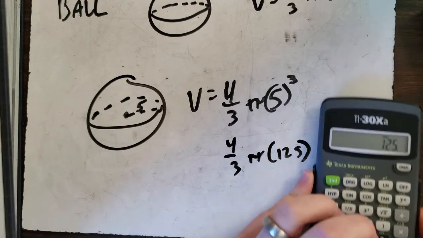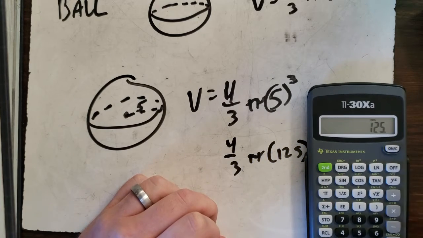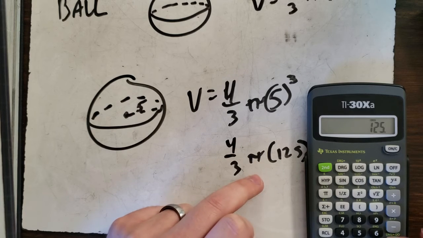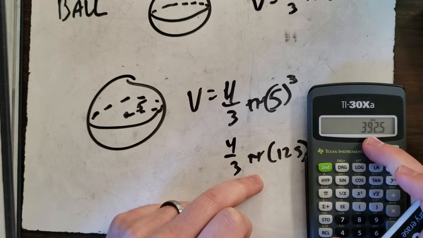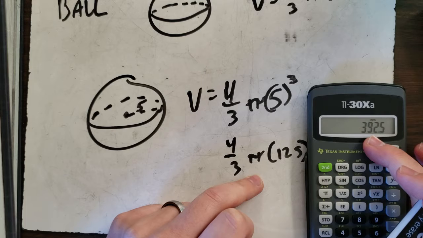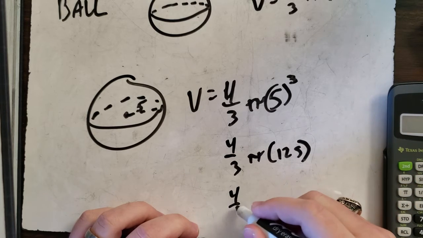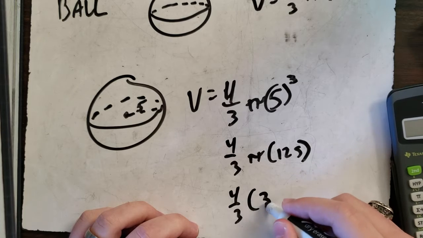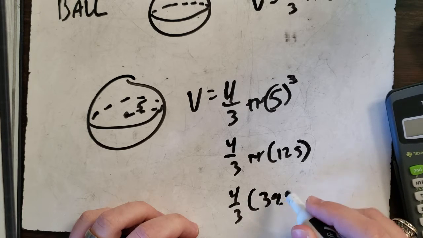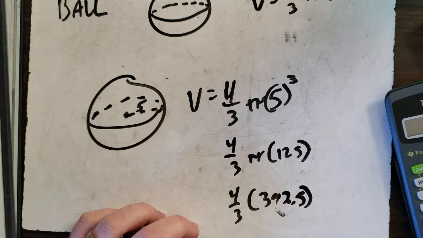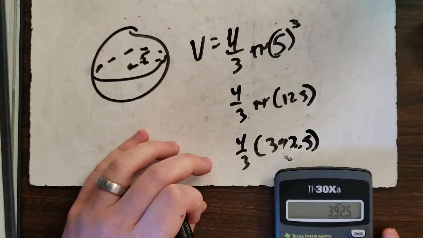Now we can multiply our 125 times pi, and we get 392.5. Once again, if you want to write that down, 4/3 and then 392.5.